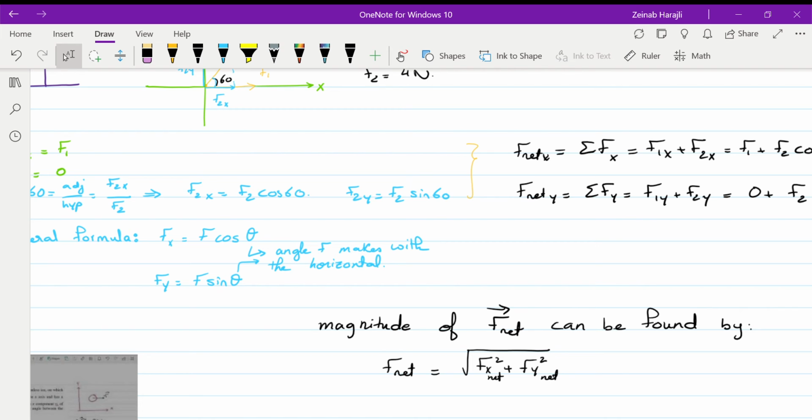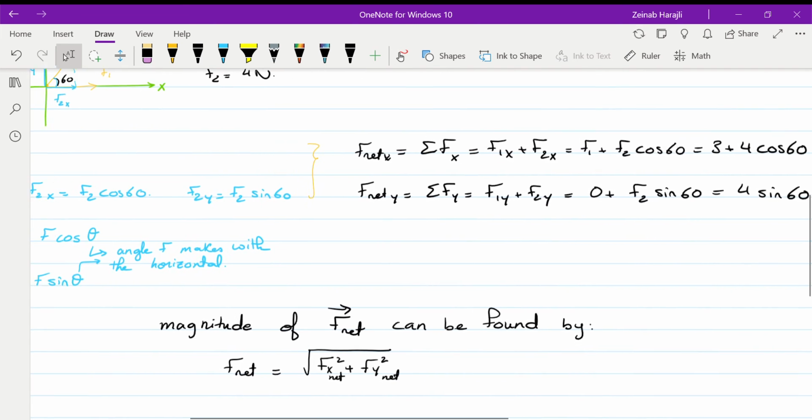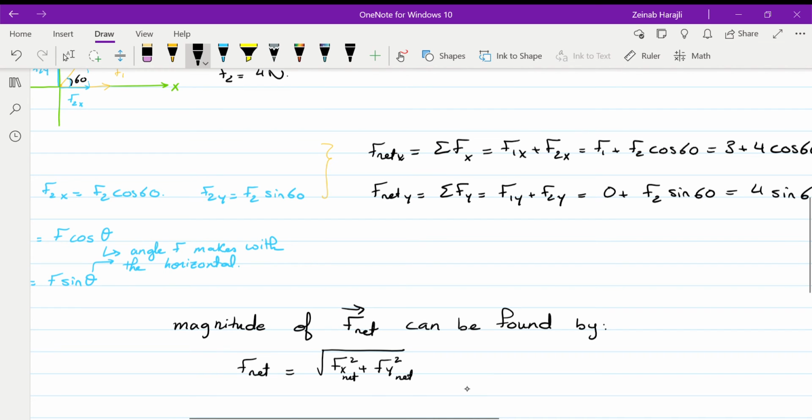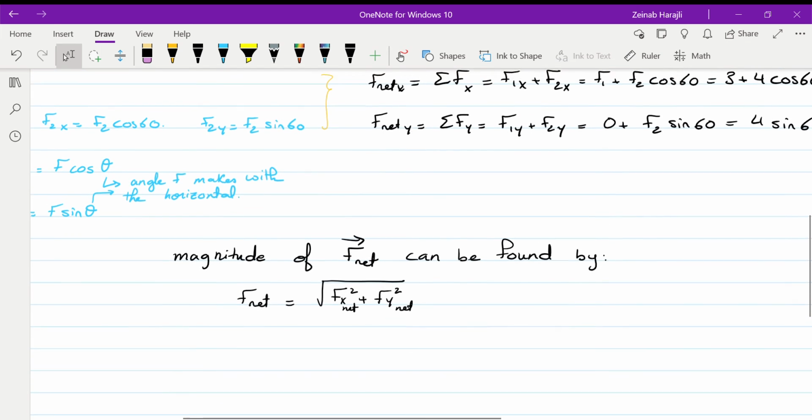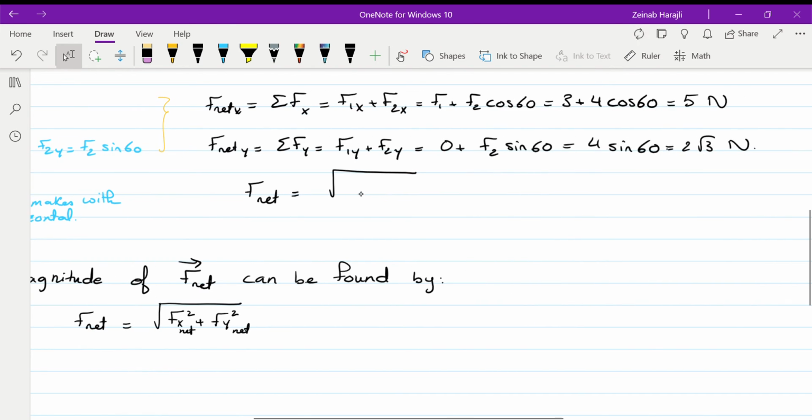So the x component of the net force that we found previously, which is 5 newtons, is squared, and we add to it the square of the y component of the net force, and then we apply a radical to find the magnitude of our net force. So here this is going to be radical 5 squared plus 4 times 3, and we can find the magnitude of the net force.